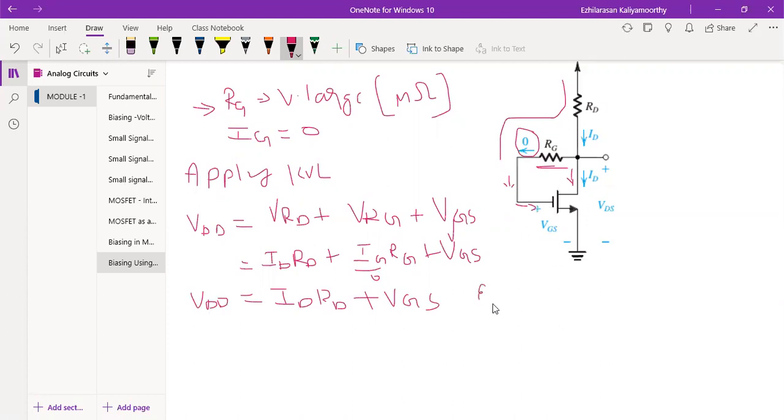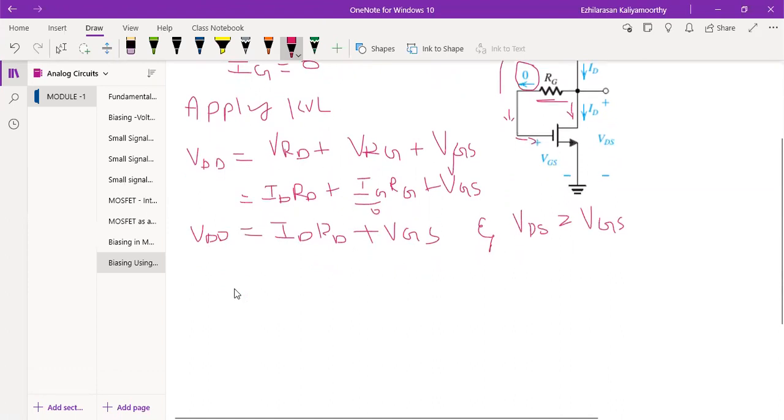And also VDS will be equal to the same voltage here, because Ig is equal to 0. VDS is equal to VGS. Now in this, for some reason the ID may change.